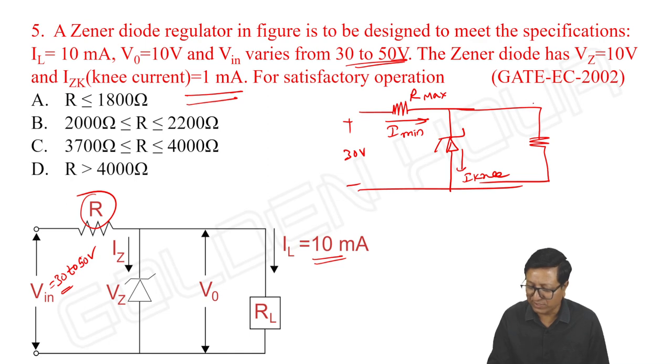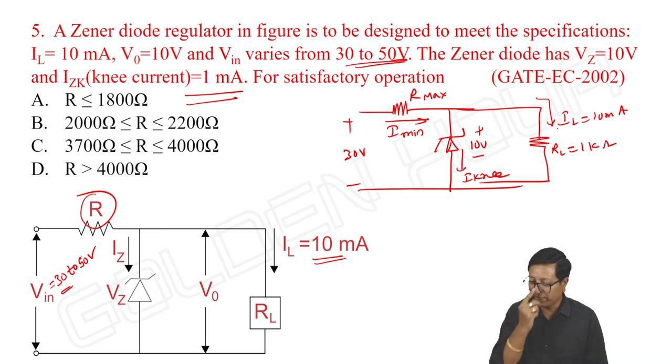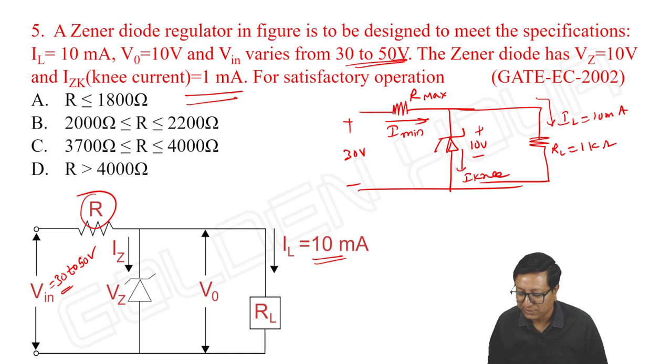RL is anyway not given, nothing to worry about. Its output is 10 volts and it is 10 milliampere, so it is like 1K. They have not given it, but it is 1K, 10 volts by 10 milli. So what about our R maximum?